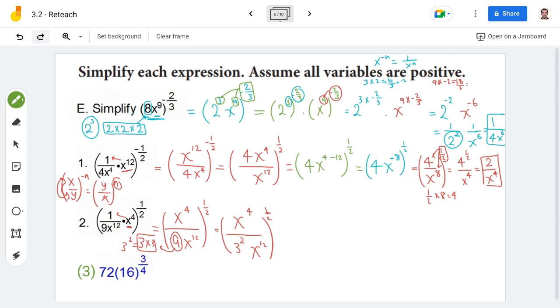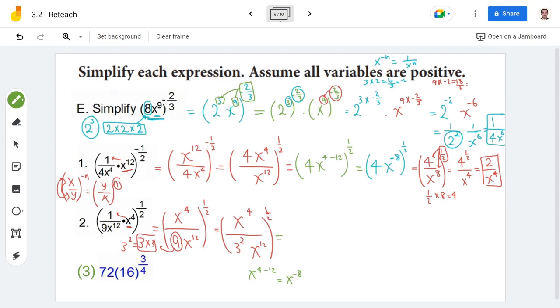Which is equal to, 3, sorry, because the number is down. So as you can see here, x to the power of 4 minus x to the power of 12 is equal to x to the power of negative 8.